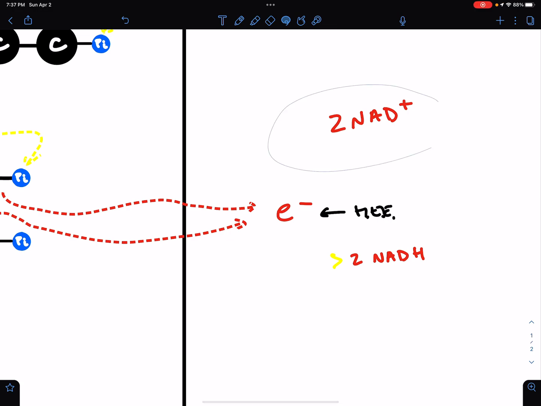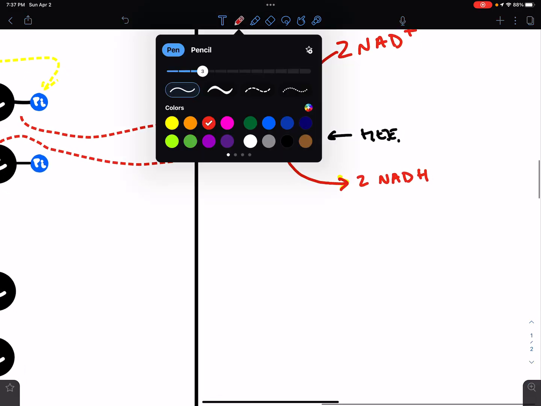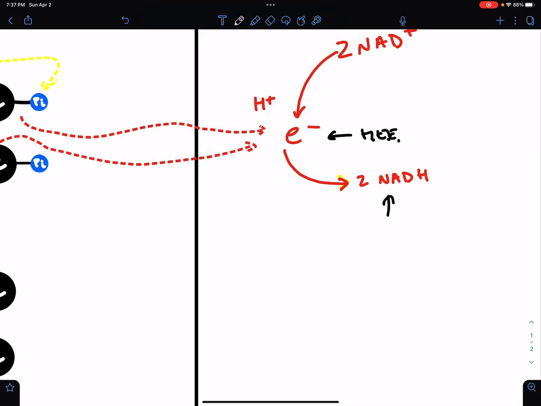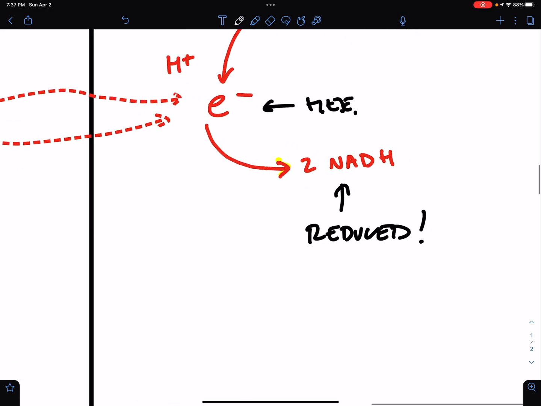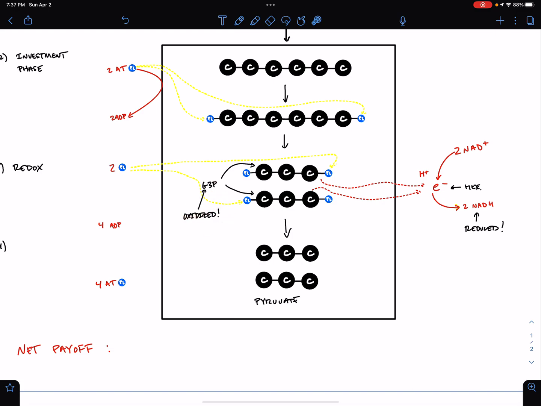A very analogous molecule comes swooping in here and picks up these high energy electrons along with some H plus to form NADH. So this is reduced. It's grabbed high energy electrons and it's carrying them. Gain of electrons is reduction, so NADH is reduced in this process, while G3P is oxidized.